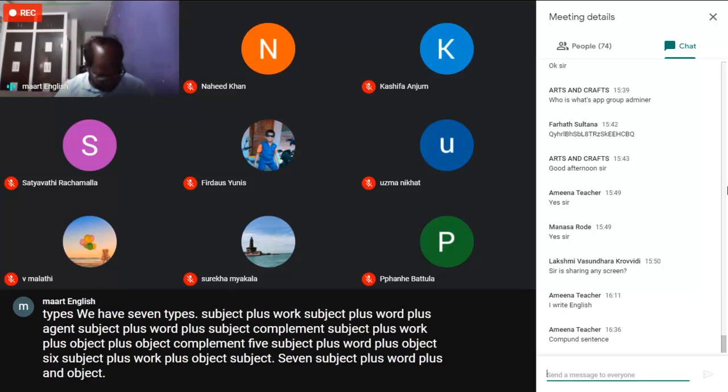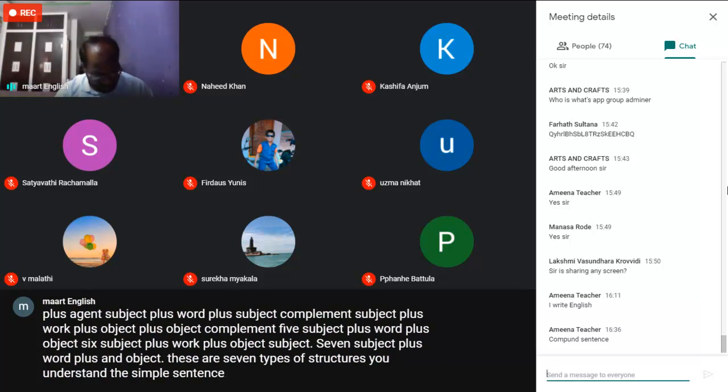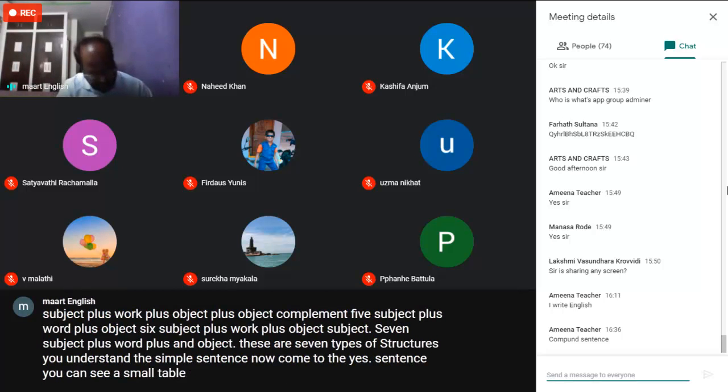These are 7 types of structures. You understand the simple sentence. Now come to the sentence table in 265.